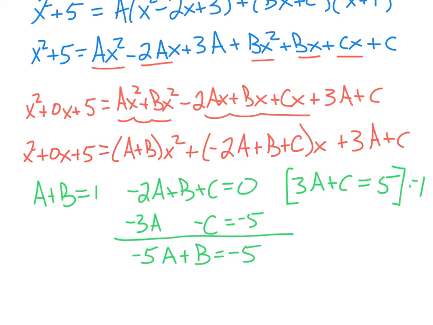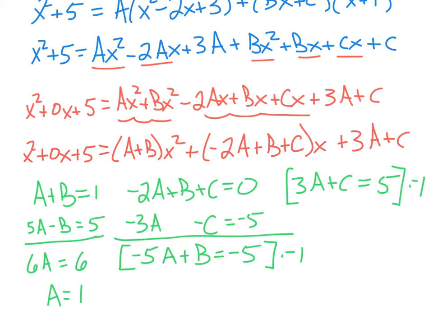And then I'm going to take that information and eliminate it with our first equation over there by multiplying by a -1. So then we have 5a minus b equals 5. When we get down, we have 6a equaling 6. So now we know that a equals 1.